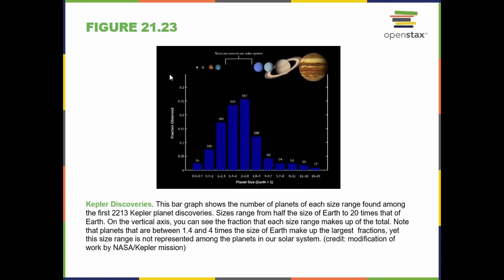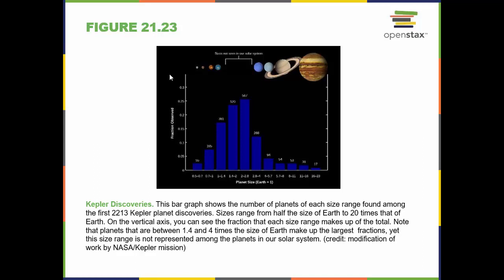So if we look at the Kepler discoveries, this bar graph shows the number of planets of each size range found among the first 2,213 Kepler planet discoveries. And the sizes range from half the size of the Earth to 20 times the size of the Earth.